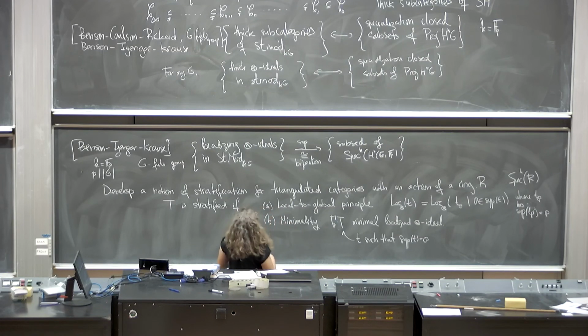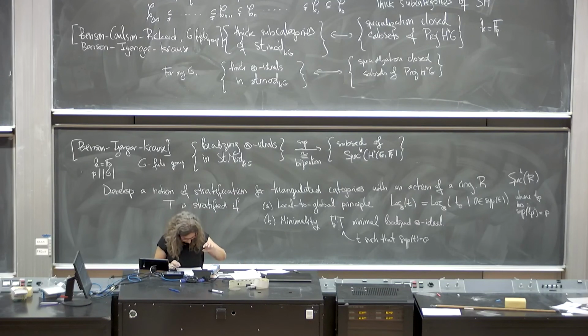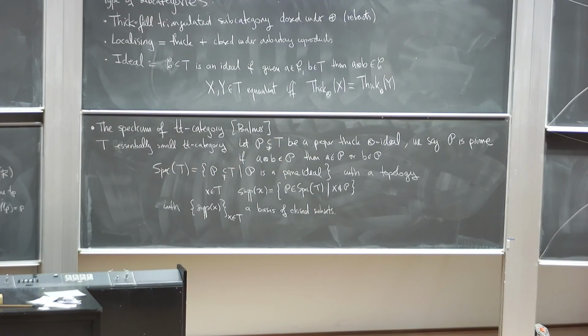So that's the picture for this, and then I'll give another example. Okay. So this is 5. So they say a category is stratified if these two conditions hold.